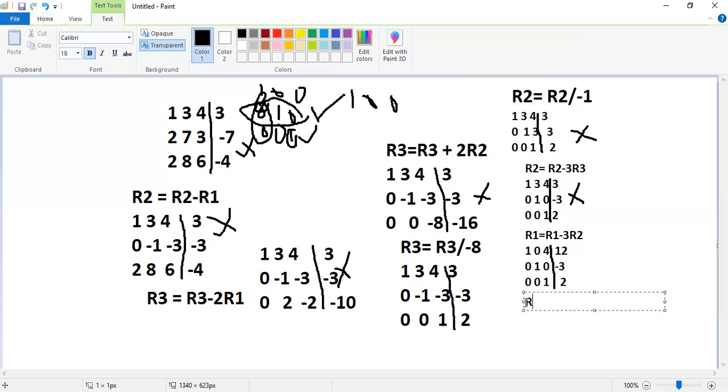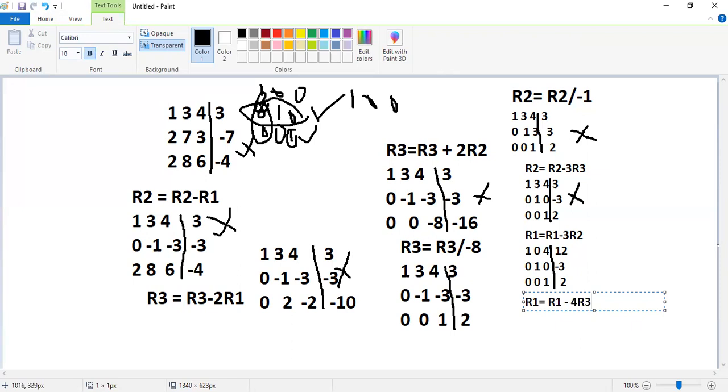It's equal to, since it's combinations, let row 1 come first. And since there's no negative in the identities, we use minus 4 row 3. Because when you multiply 4 by 1, you are going to get 4. When you subtract it from this 4, you are going to get 0, right?